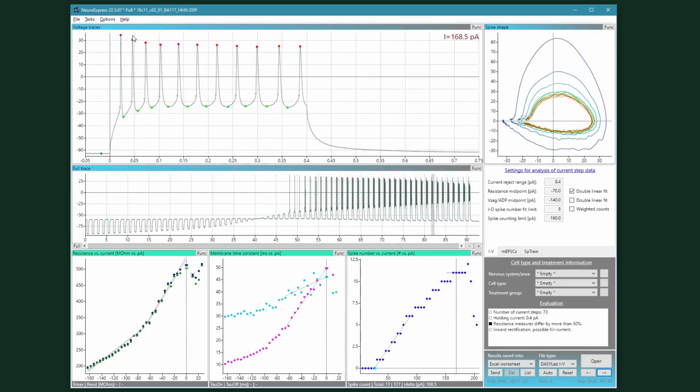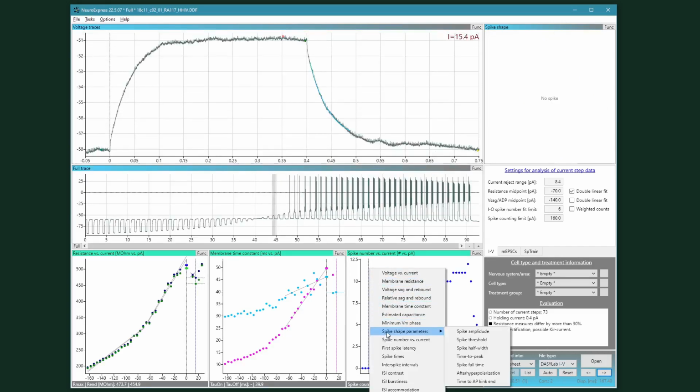You can see the program is doing a fairly good job finding all the spikes and determining the voltage threshold of the firing. The green points here indicate the most negative membrane potential level reached between spikes. This value can be used to calculate the spike after hyperpolarization.